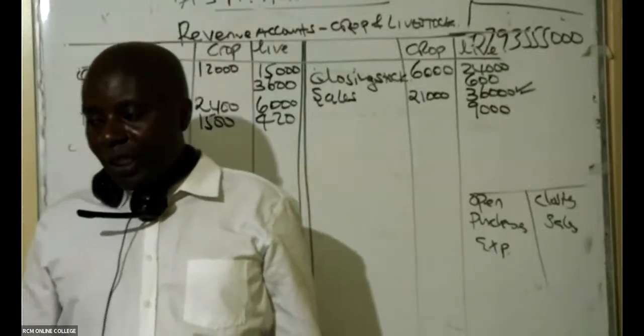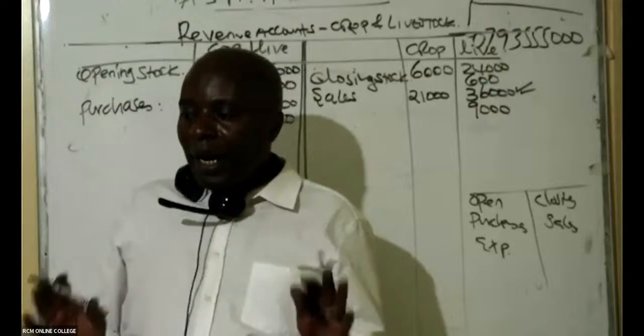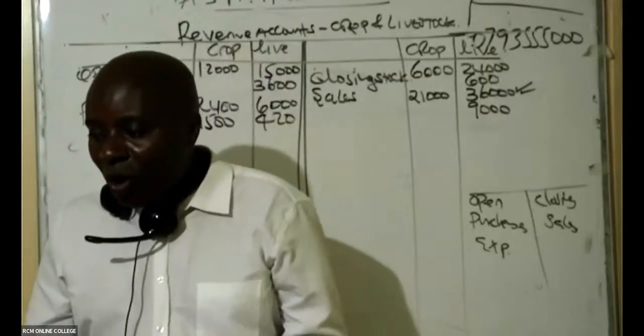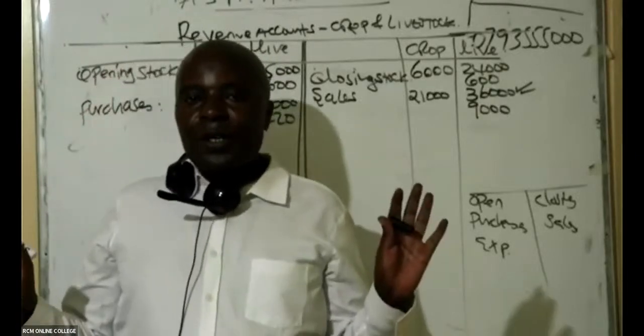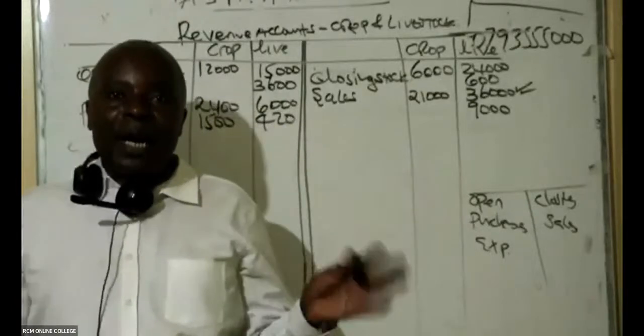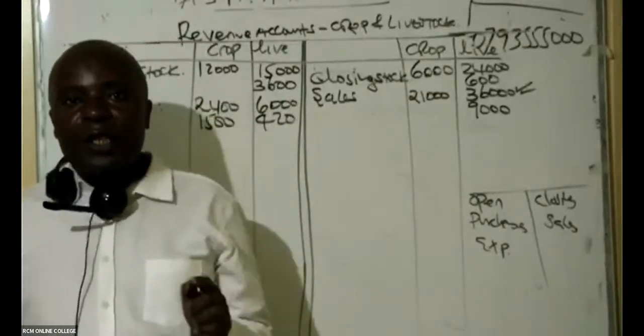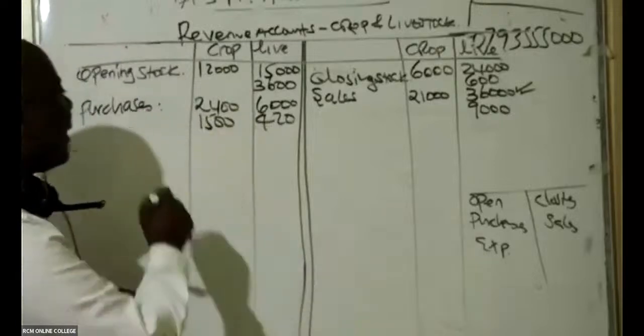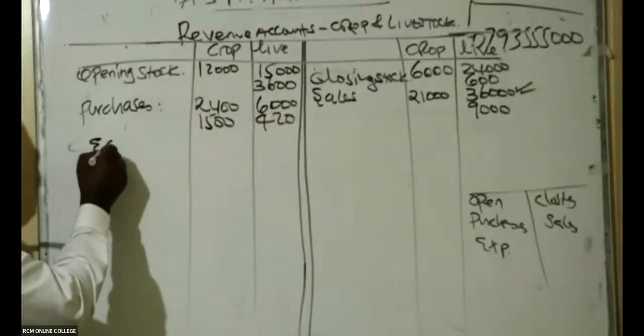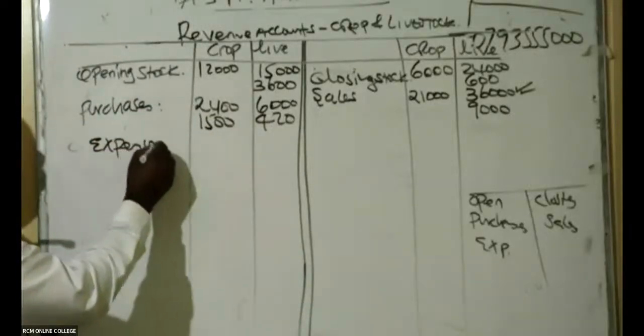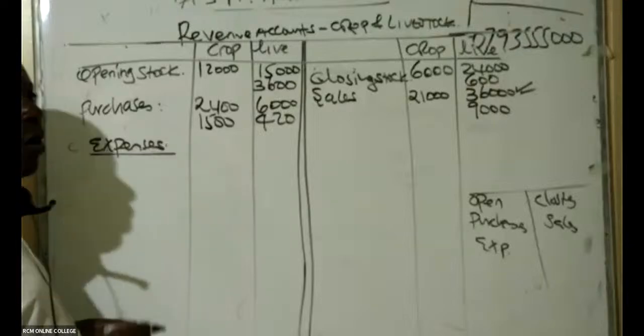Ladies and gentlemen, now I've done what we call the obvious, so here I've earned some obvious marks. After doing this, we shall be able to come and detail all our expenses.